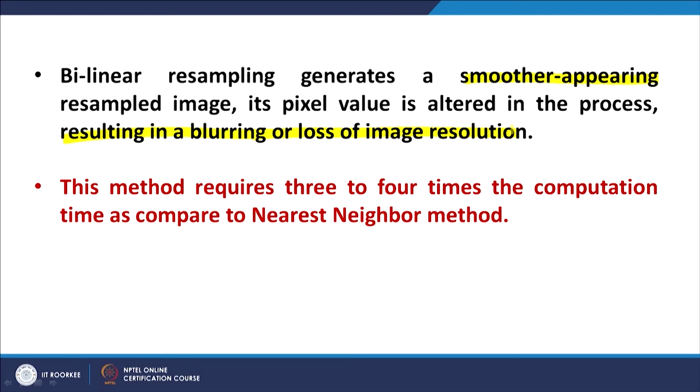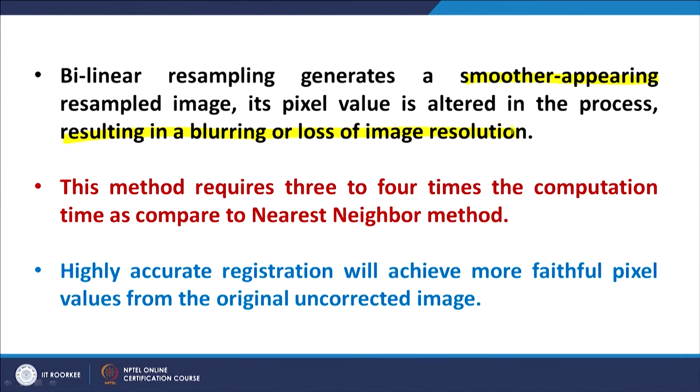And this method requires 3 to 4 times the computation time, obviously, because in nearest neighbor there is no computation except that whichever pixel has maximum overlap, that value is read and transferred to the target pixel. But here 4 pixels are involved, and then calculation of which one is the nearest, which one is the farthest, and then the weighted average is taken. So it takes maybe 3-4 times longer than nearest neighbor.